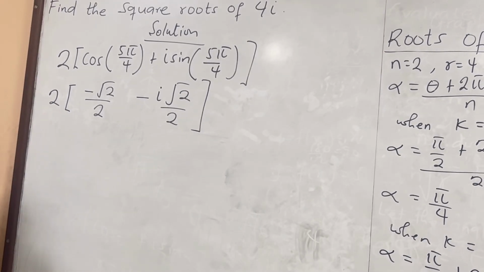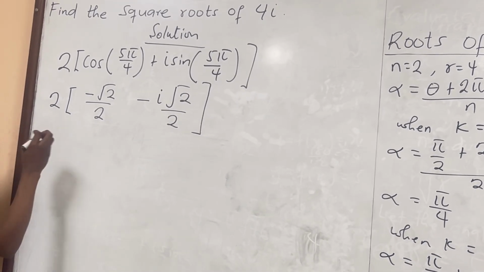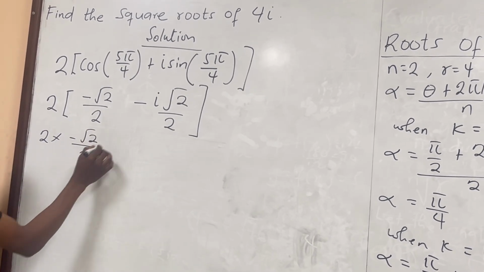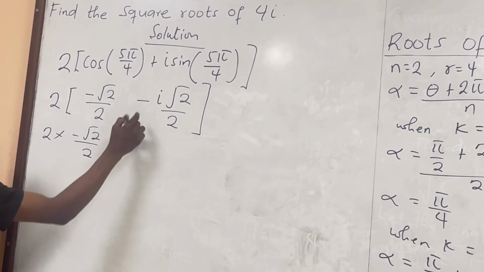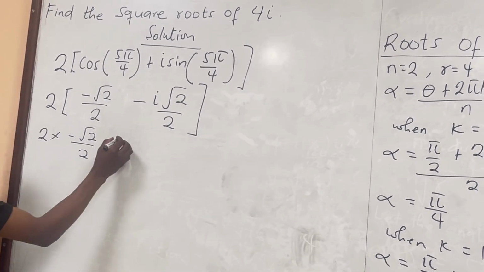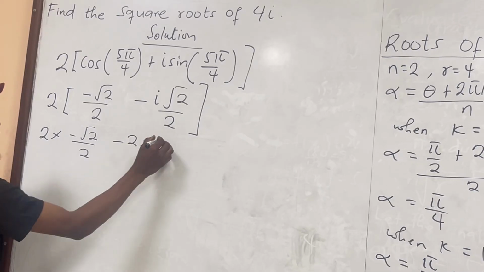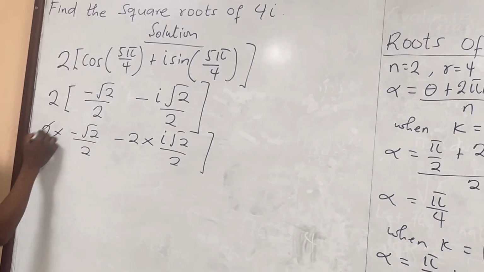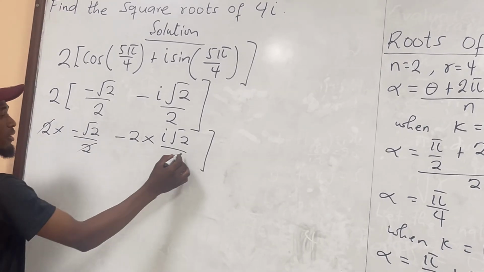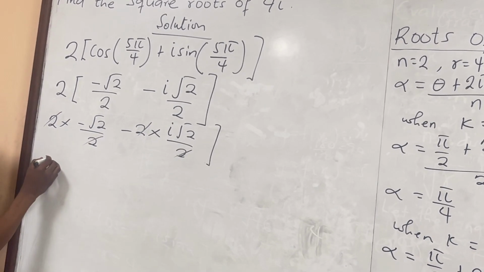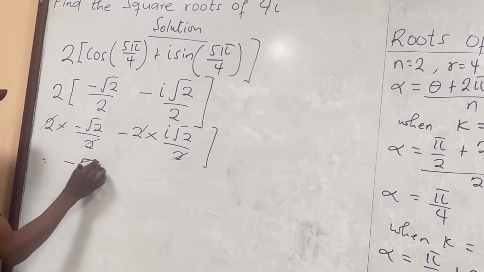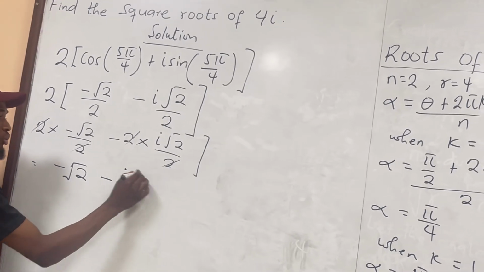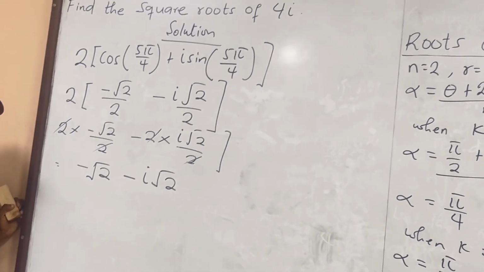Then you multiply: I have 2 times negative root 2 on 2, then minus 2 times i root 2 on 2. Clearly this cancels, this also cancels. So the answer is negative root 2 minus i root 2.